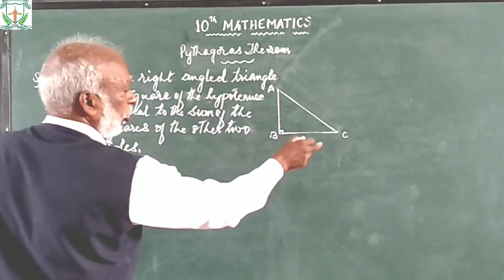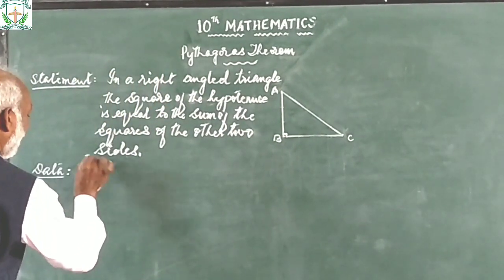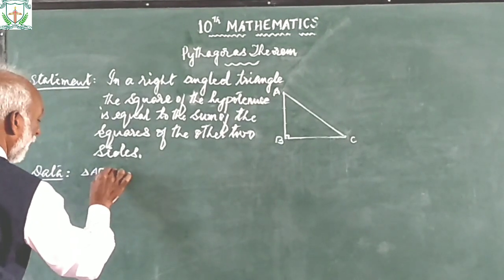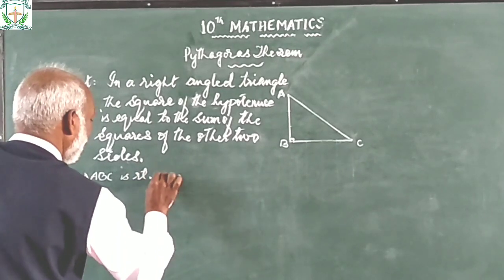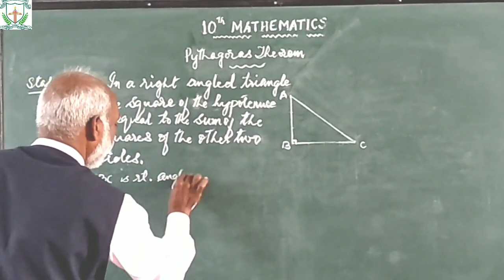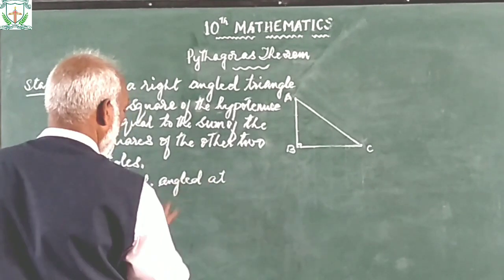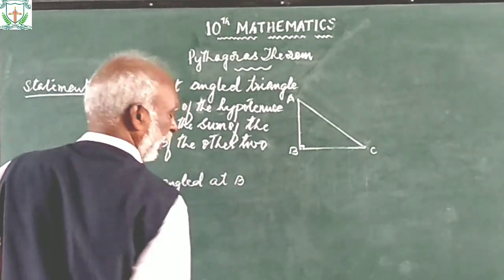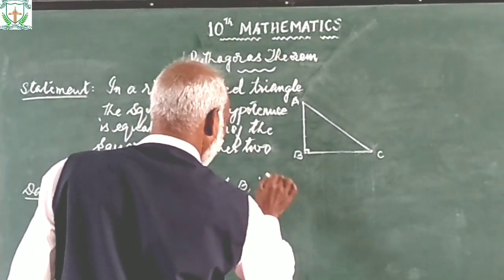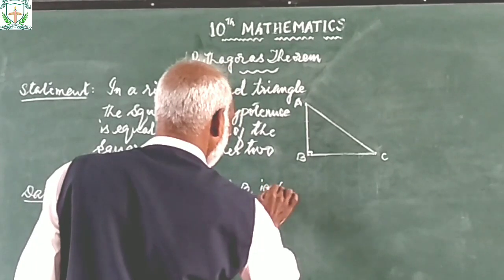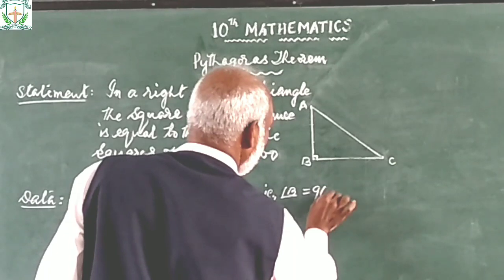Triangle ABC is right-angled at B, that is angle B is equal to 90 degrees.